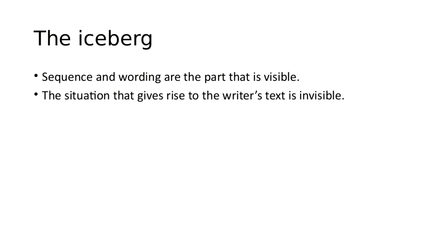So the words that you choose and how you arrange them, that's the part that the reader sees and interprets. But the situation that gives rise to the writer's text is invisible. However, I think what she's trying to emphasize here is not only is the iceberg connected, so you cannot separate the situation that gives rise to the text from the sequence and wording, but also that the situation should be heavily considered when choosing and creating the wordings and sequences.